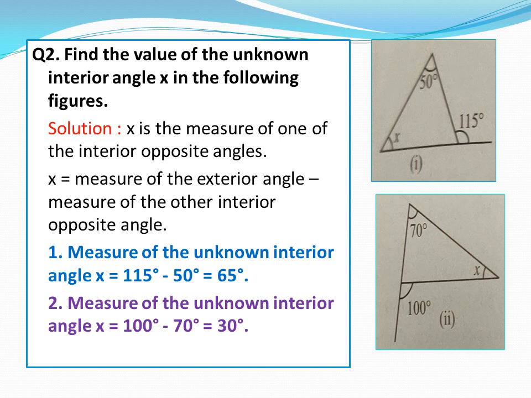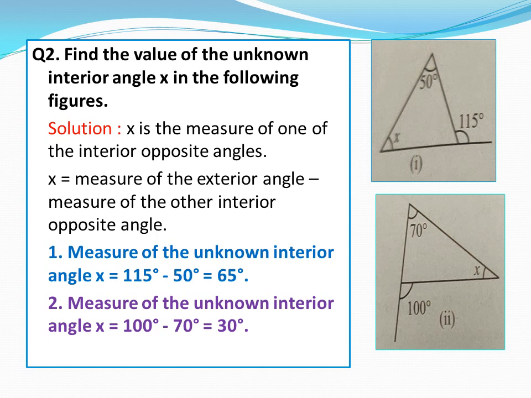Children, I hope all of you have understood how to find the exterior angle of a triangle by using the exterior angle property of a triangle. In the same way, in the second question, we find one of the interior opposite angles, using the same property. Once again I will explain that.